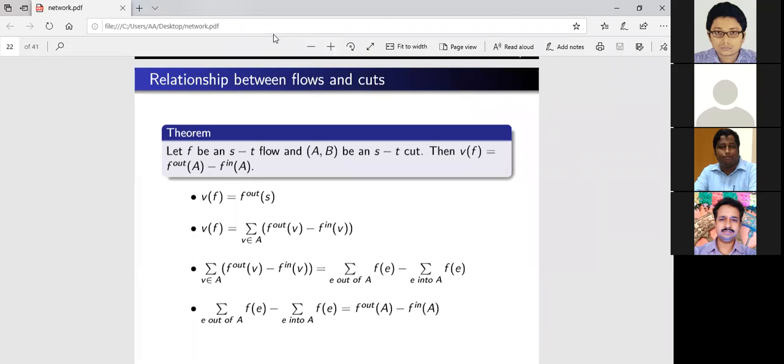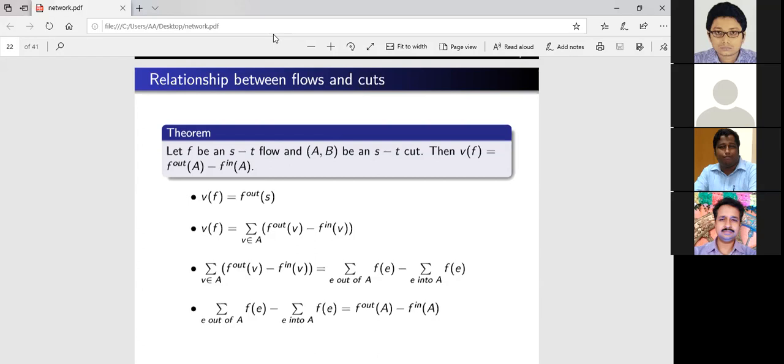Just think, value of flow is less than or equal to F out of A, which is less than or equal to cut of AB. That means for any flow F and any cut AB, the value of the flow is less than or equal to the capacity of the cut. The value of any flow is less than or equal to the capacity of any cut.